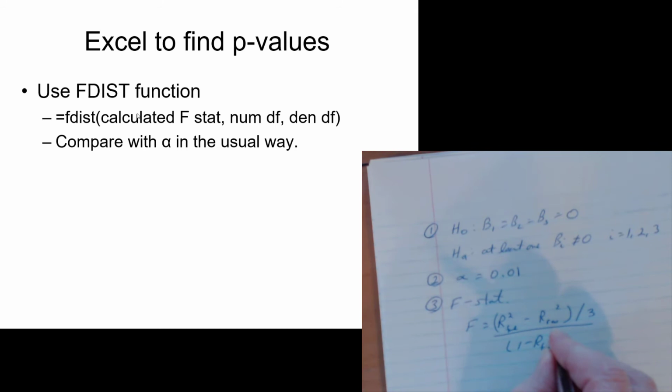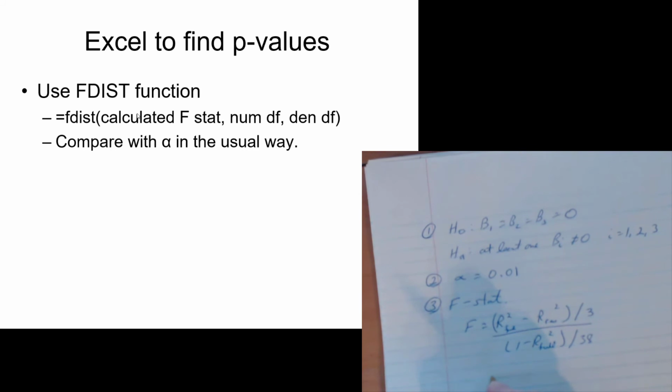Okay, and 1 minus R squared full, divided by n minus p minus 1, which we had earlier to be 38. Okay, so now we just need to know what those R squared values are. So let's go back and look at our output again.